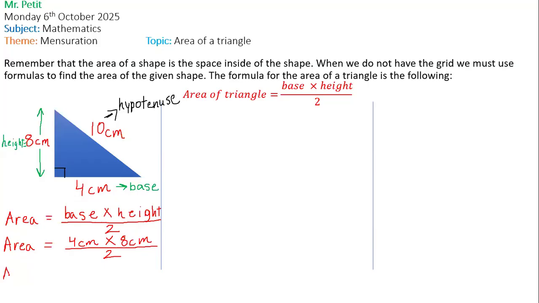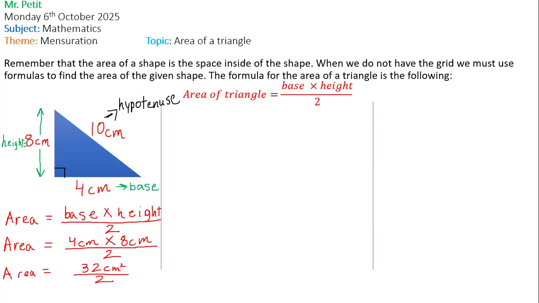So area is going to be equal to 32 what? Centimeters squared, very good. 32 centimeters squared divided by 2.